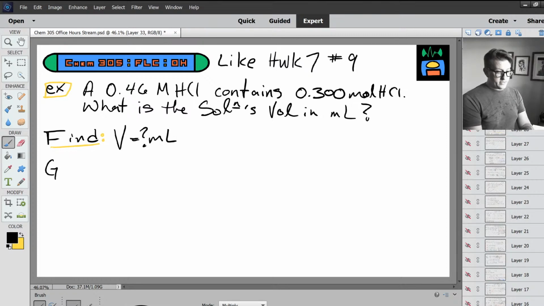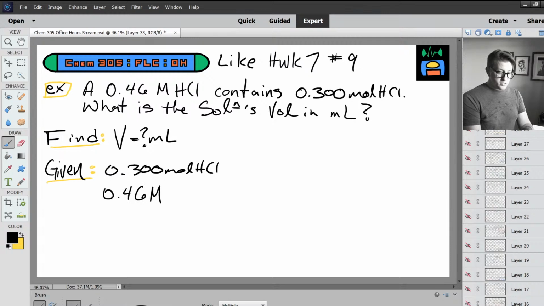Now let's look at what we're given. We're told that we have 0.300 moles of HCl. We're also given the molarity. We're told that we have a 0.46 molar solution of HCl. And remember, anytime you're given a quantity that corresponds to an algebraic equation, write that equation out.